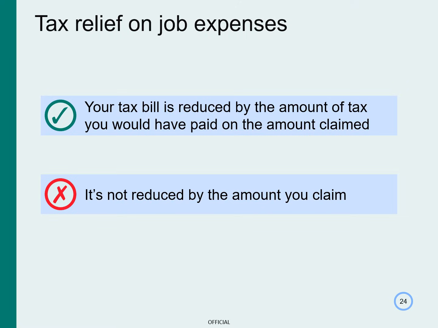Claiming tax relief on job expenses is often misunderstood. Your tax bill is reduced by the amount of tax you would have paid on the amount you are claiming, not by the amount you claim. Let's look at an example.